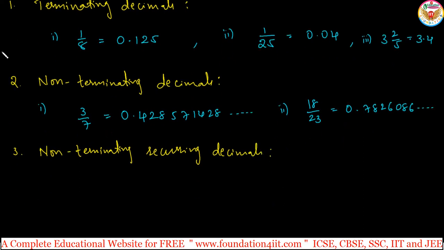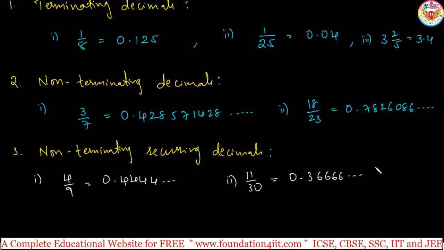Let us take one example to understand clearly. 4 divided by 9. If you do the division, you will get 0.444 continuously. Take another example, 11 by 30. I am not doing the division here, I am directly writing the answer: 0.3666, it repeats. In the first example the digit 4 is repeated again and again, and in the second example, 3 is not repeated, but 6 is repeated.